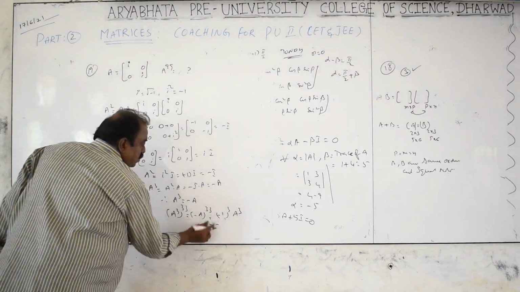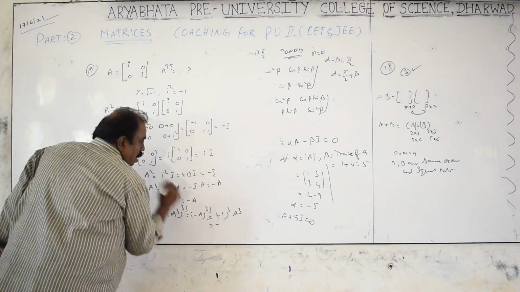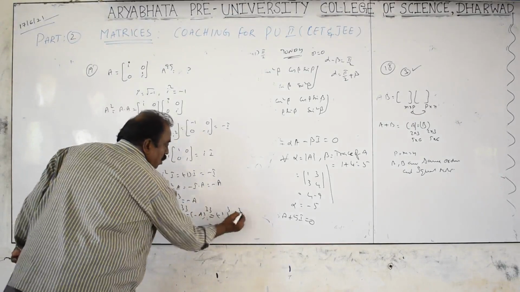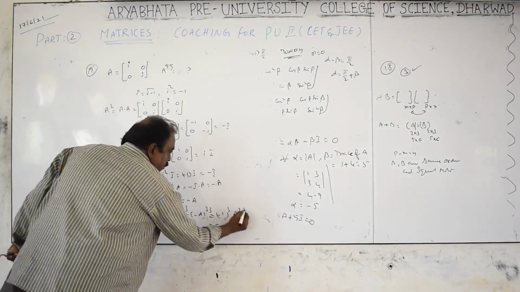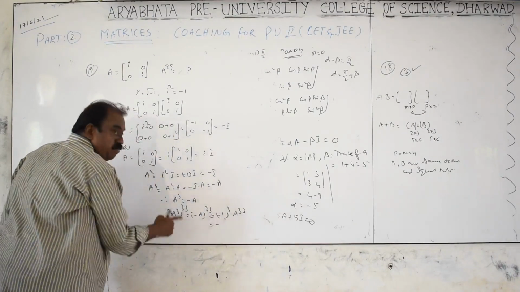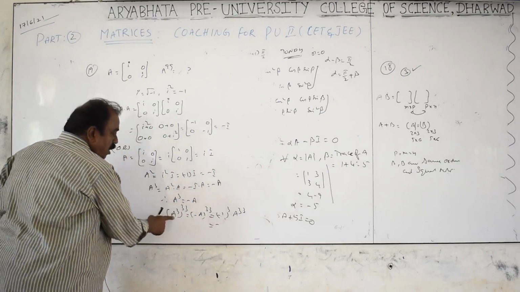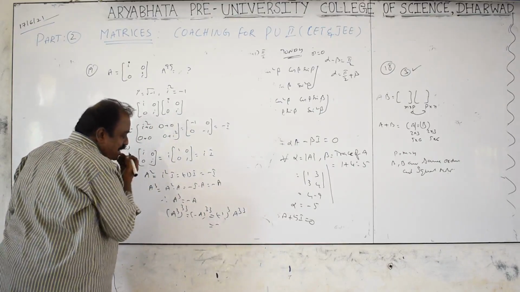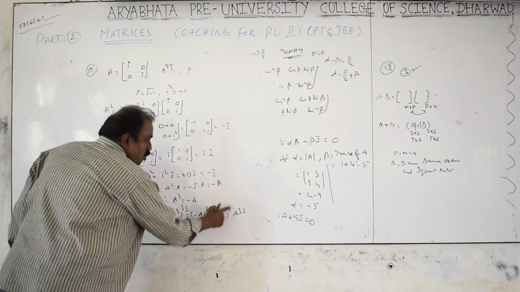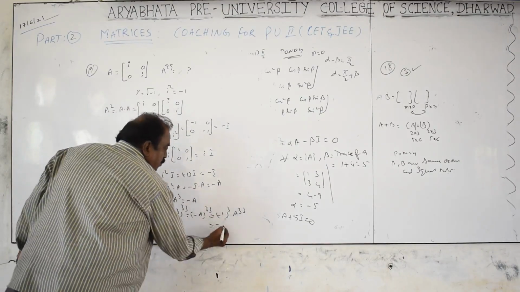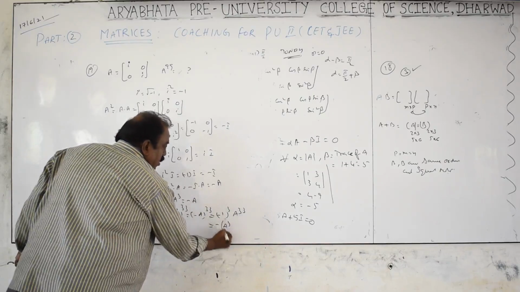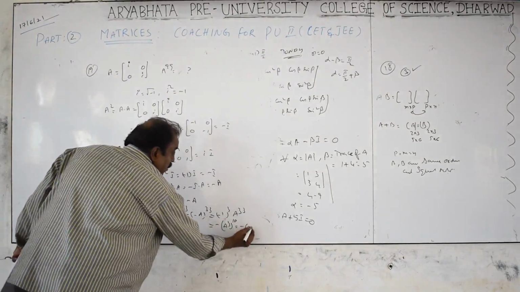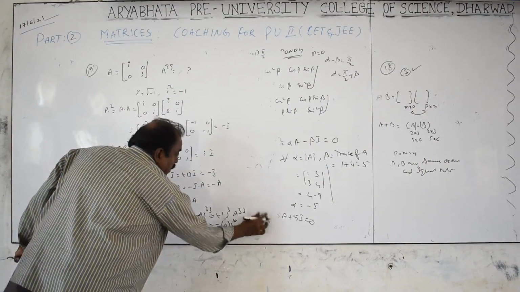It will come minus. Okay, na? Minus A whole power 33. A cube will be reduced as minus A. Cube is there, 33 is there, like that. Minus 1 whole cube minus A. It is A cube whole power 10.